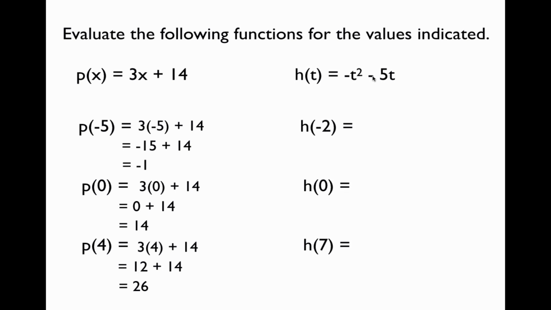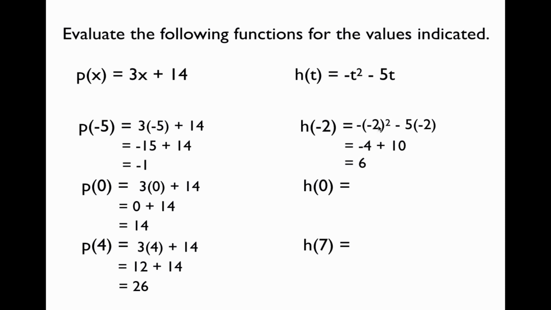Here's another negative sign or a subtraction sign, the coefficient 5, and over here another variable t, so I'm going to replace that with parentheses with a negative 2 inside of it. And when I do that, what I get is negative 2 inside parentheses squared minus 5 times negative 2.